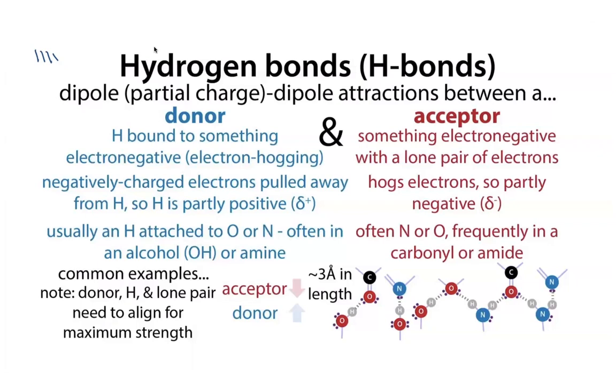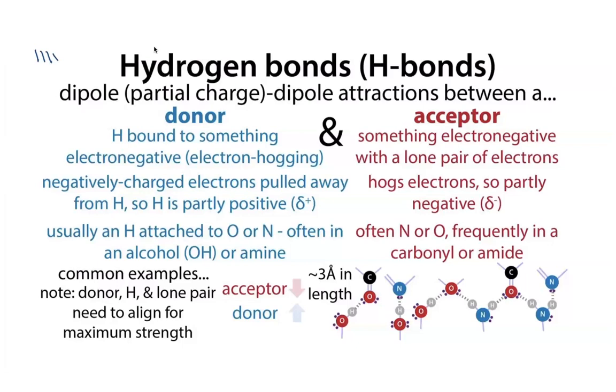So what are the requirements for a hydrogen bond? Basically, you need a donor and you need an acceptor. And when we're talking about a donor, we're talking about a hydrogen donor. So when we're talking about this hydrogen donor, we need a hydrogen that's bound to something electronegative. And so we're going to have something that is electronegative, pulling the electrons away from the hydrogen and making that hydrogen partly positive.